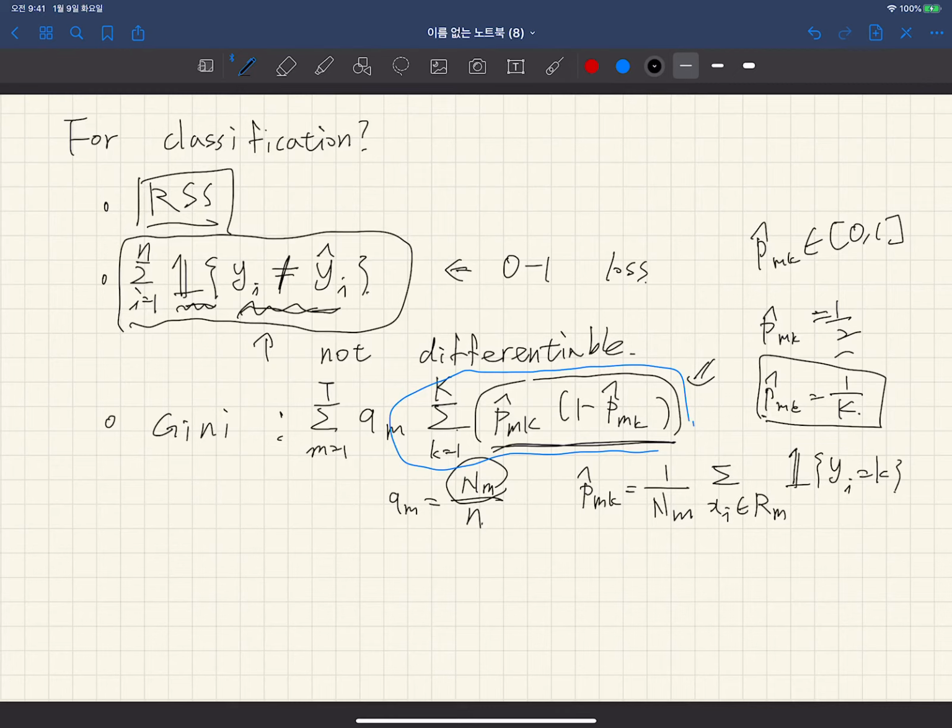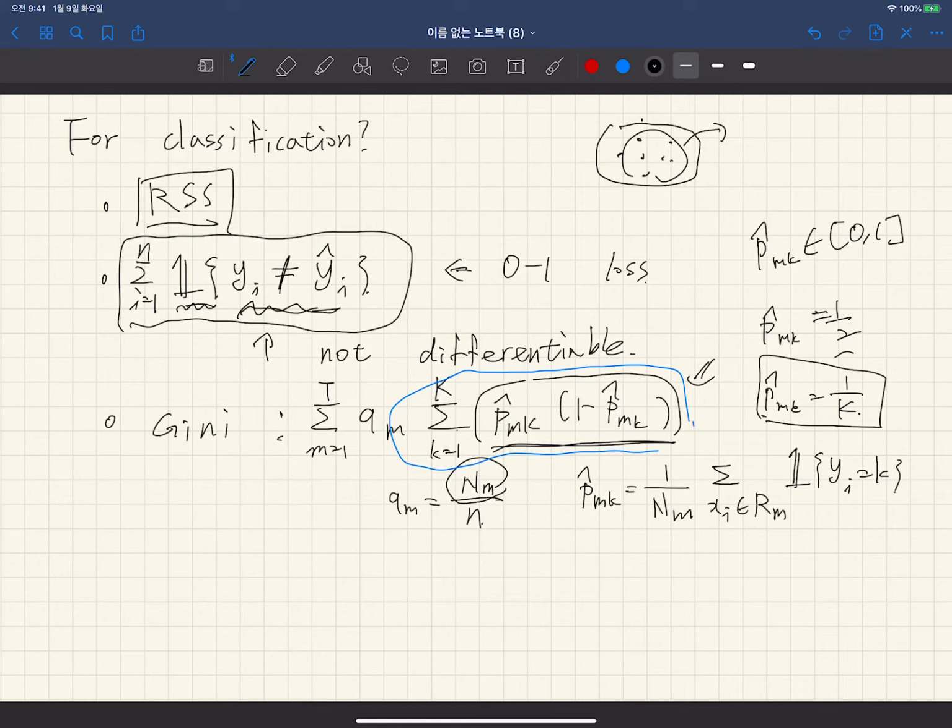So when you have one area with all kinds of different labels, what is the representative? What is a good function value for this area? There is no good function value. With any function value, you always have many misclassified data points.